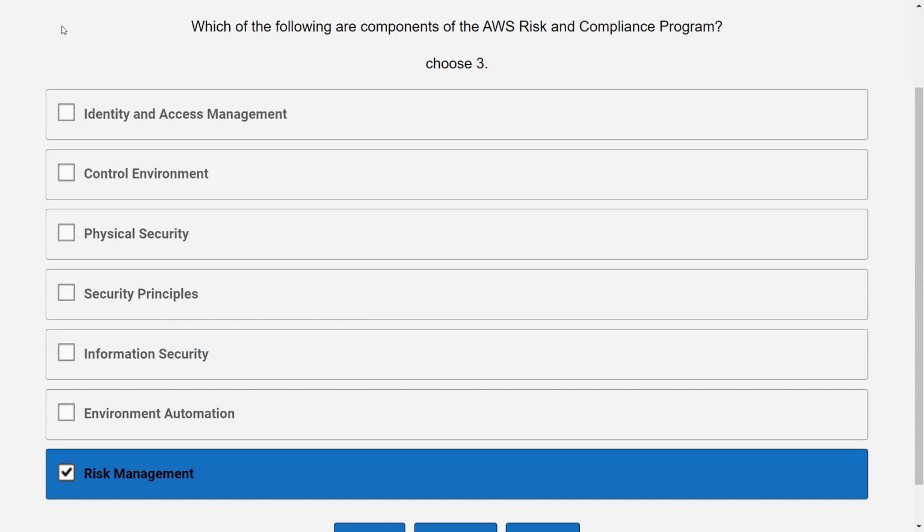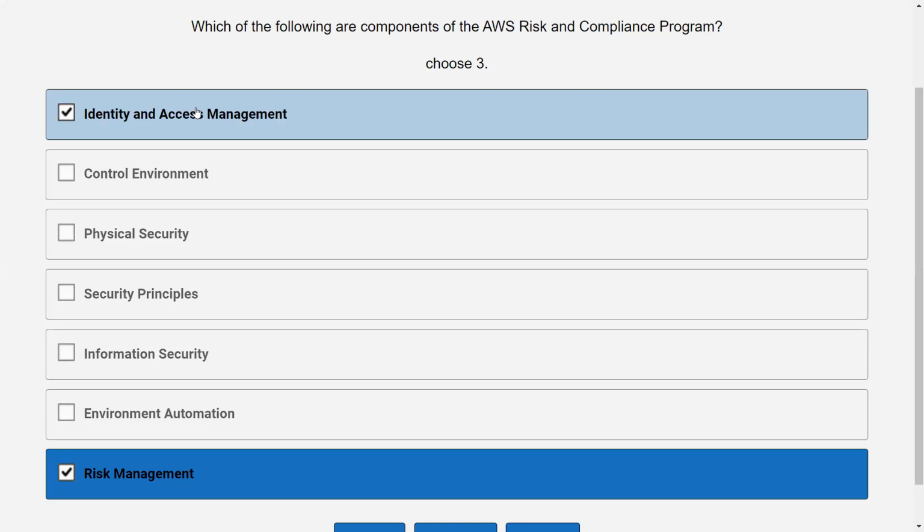Environment automation. AFG. Last one, I choose AFG.